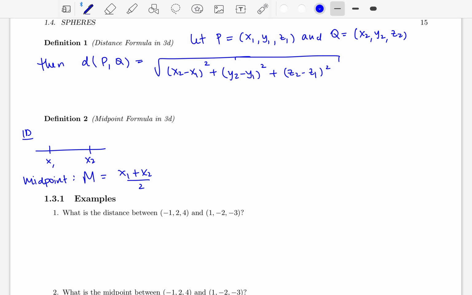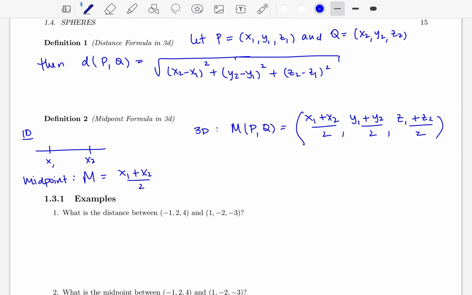And in 2D, you do it for x and y. Therefore, in 3D, the midpoint between P and Q is equal to, you take the midpoint of each of the components. So x1 plus x2 divided by 2, y1 plus y2 divided by 2, z1 plus z2 divided by 2.